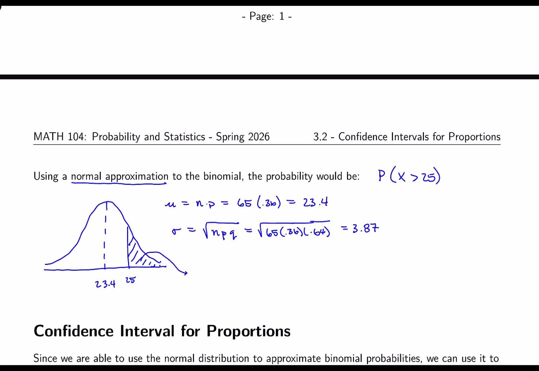So it would appear that what we would do then is we would calculate this using normalCDF, 25, and then E99, and the mean is 23.4, and the standard deviation is 3.87.